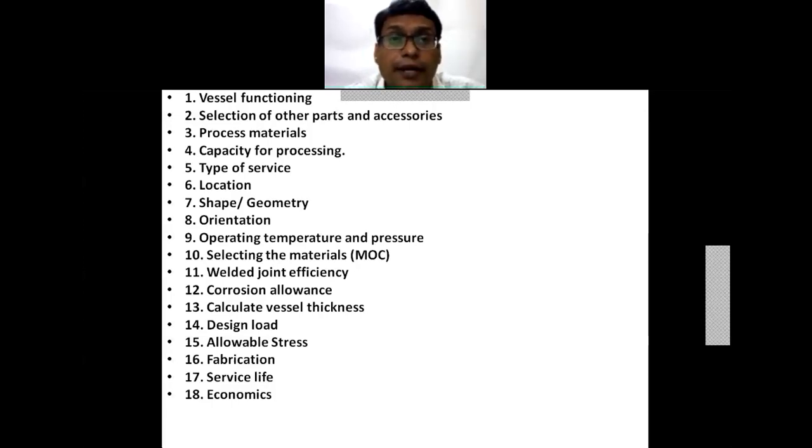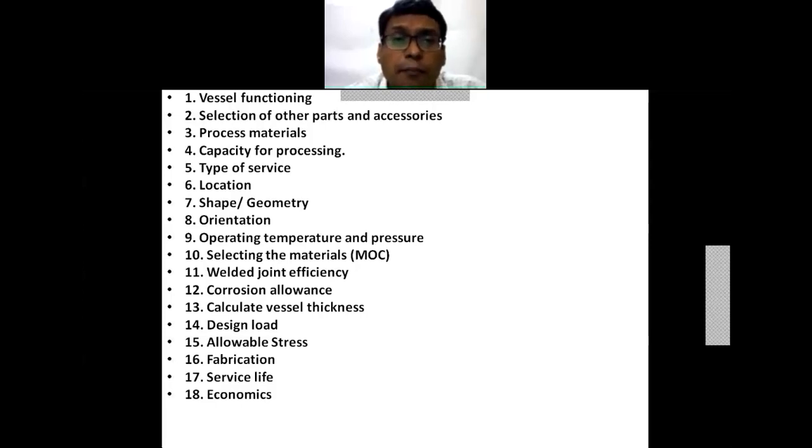For a reactor, you require an agitator. For a heat exchanger, you require the tubes and the tube bundle. For a distillation column, you will require either packing or trays. So depending on the function, the accessories of that particular vessel are going to vary.